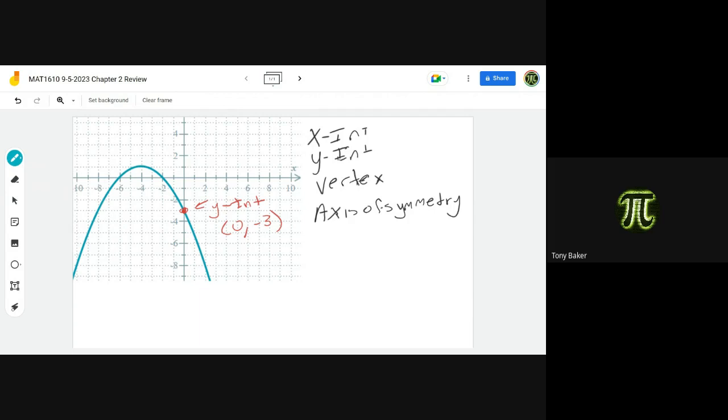Can I have 4 in a parabola? Not in a parabola. If I had 4 intercepts, what type of equation would it be? The intercepts go with the degree. So if I have 4 intercepts, I'd have to have a fourth degree equation. A parabola can have at most 2 intercepts because it's degree 2.